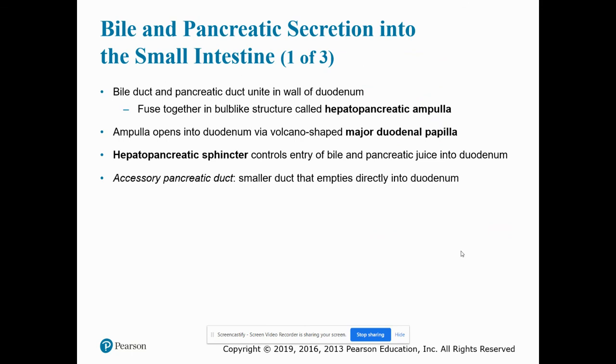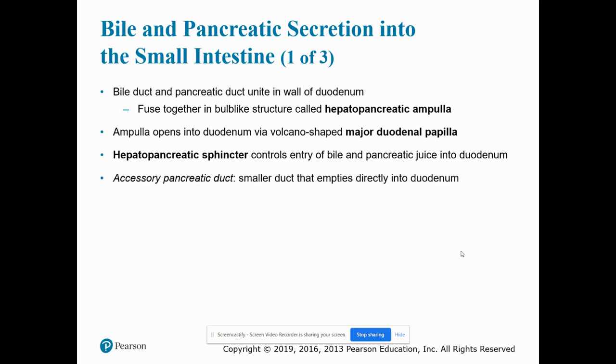The bile duct and pancreatic duct unite in the wall of the duodenum. They fuse together in a bulb-like structure called the hepatopancreatic ampulla. The ampulla opens into the duodenum via a volcano-shaped major duodenal papilla. The hepatopancreatic sphincter controls the entry of bile and pancreatic juice into the duodenum.